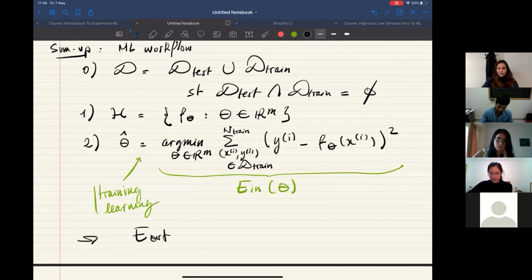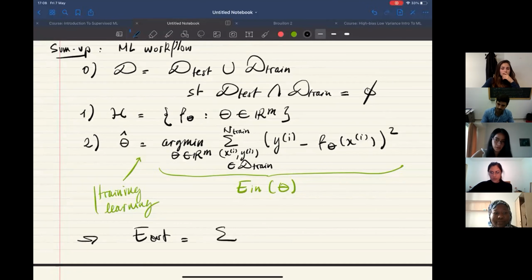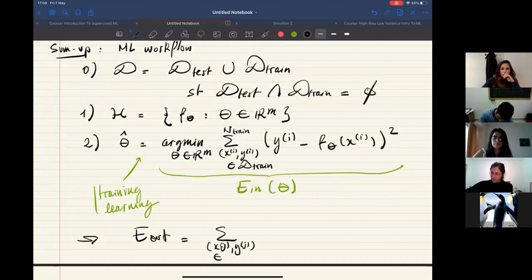All these are the same thing, which is the cost evaluated on the test set for our function that we trained, okay?